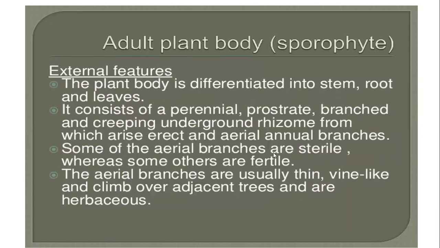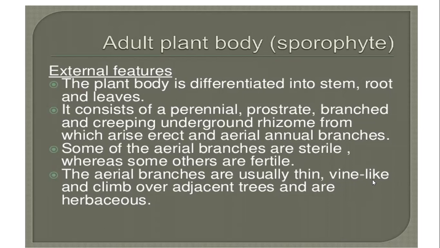Some of these aerial branches are sterile and some are fertile. Why do we call them sterile and fertile? Because the fertile branches develop strobili, whereas the sterile branches don't form any strobili. These aerial branches are usually thin and vine-like.